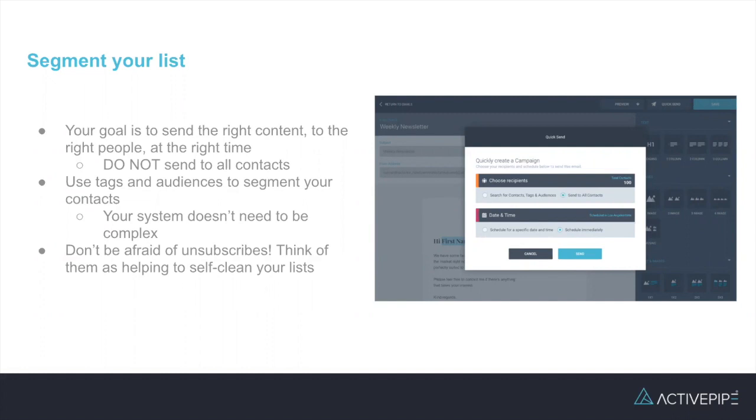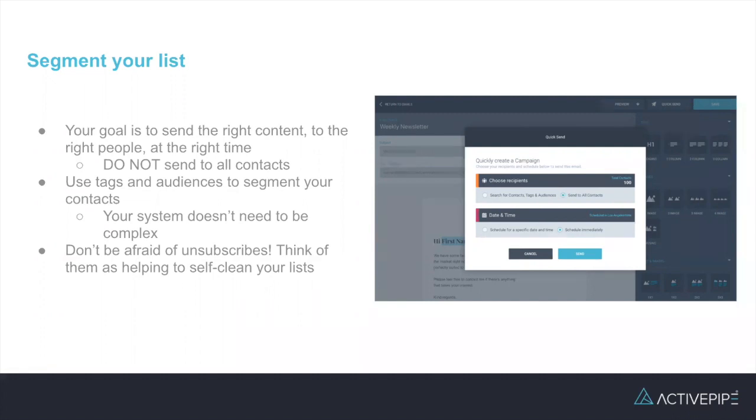Being able to choose to send to groups like your potential buyers versus your potential sellers versus your current buyers will ensure that you're sending relevant information to those relevant people. As much as we can, we want to avoid sending to all contacts. Really, the only use case for sending an email to all of your contacts in your database is likely going to be your newsletter. Other than that, you want to target your message to specific audiences.